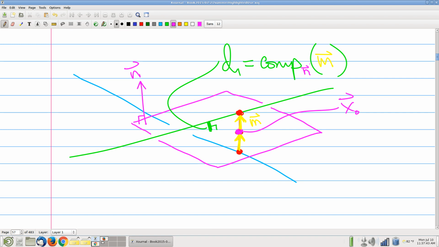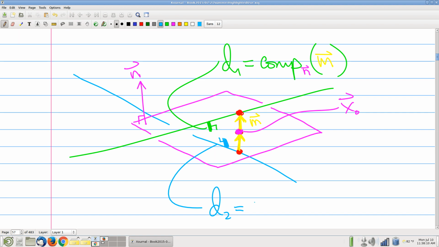Now I also need to compute this other distance, the perpendicular distance from that blue line to the plane. Break that down, D2. Again, this vector goes from the line to the plane, but at some yet to be determined angle.